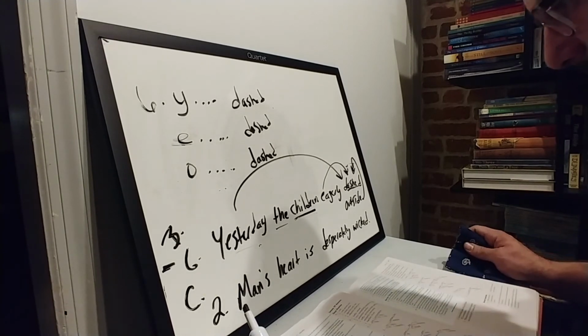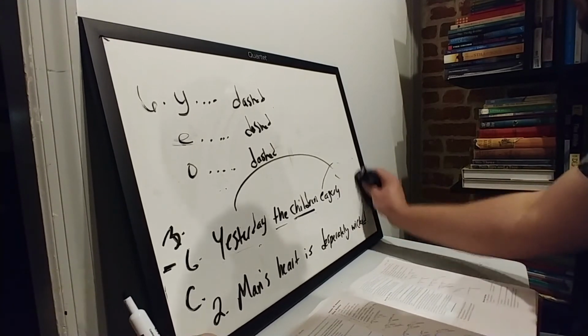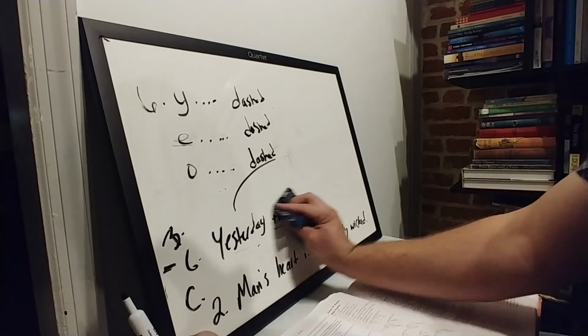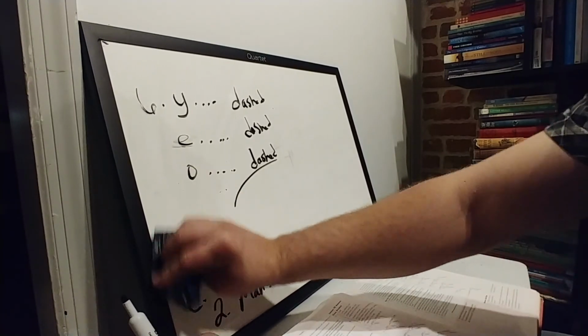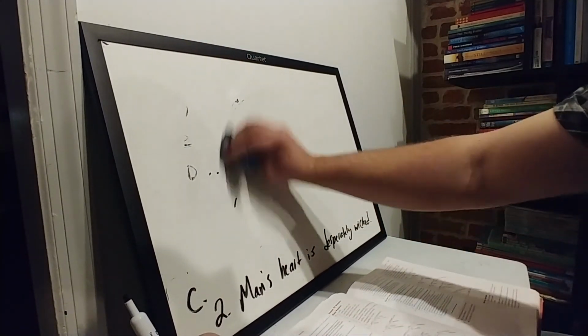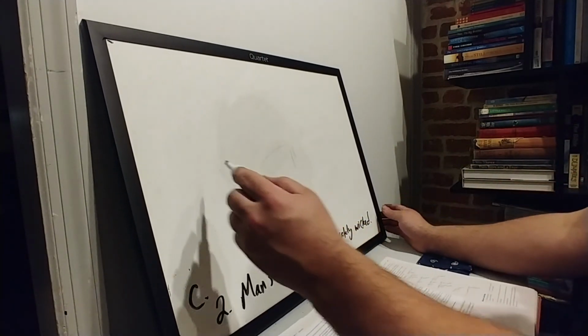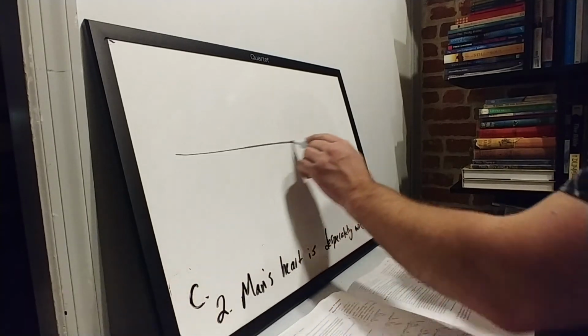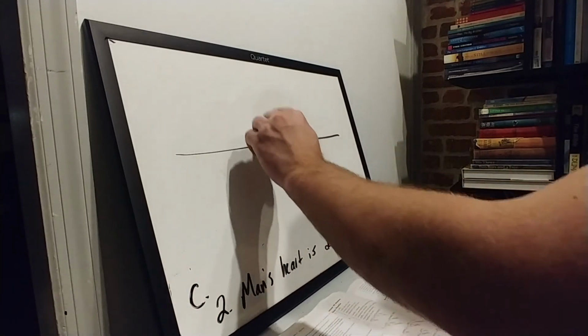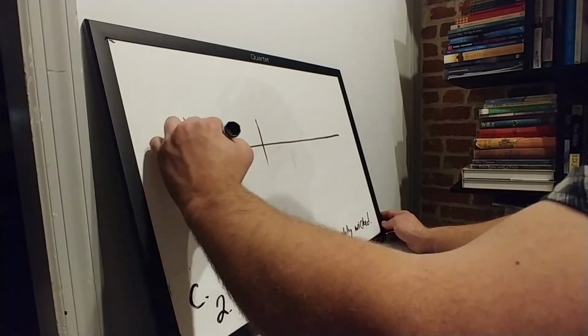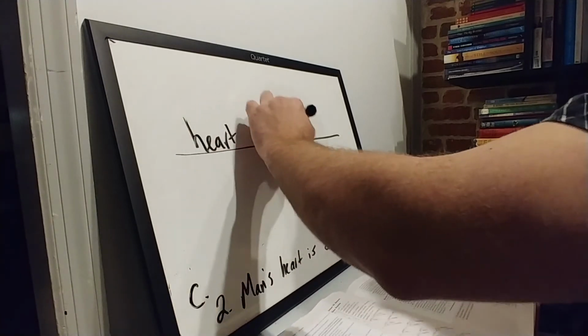Alright, then part C, they want you to diagram these sentences. So just be careful here. Usually y'all do pretty good at diagramming, but think about what each thing modifies to know where it goes. So we have man's heart is desperately wicked. So subject, heart. Verb is.